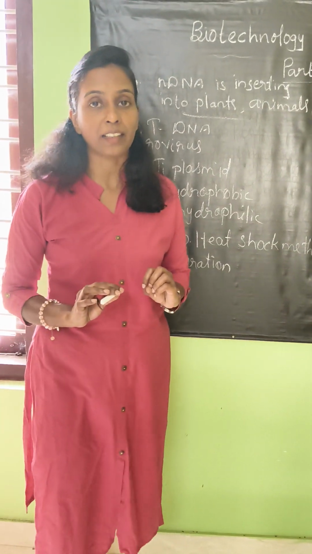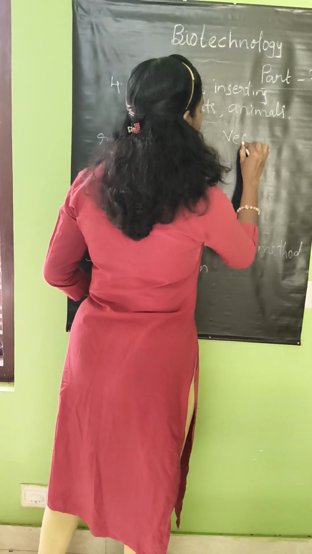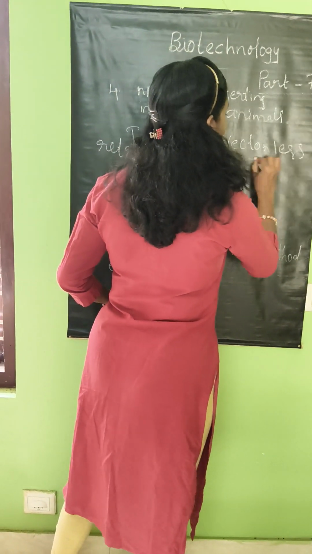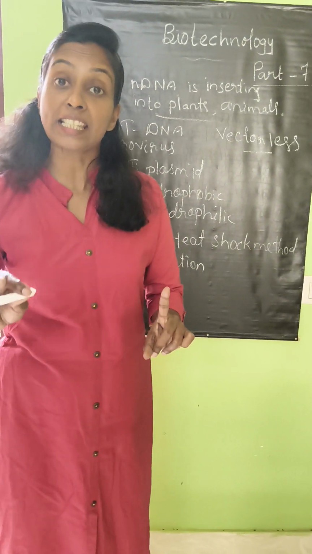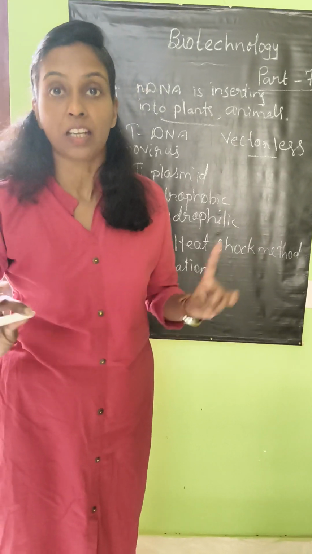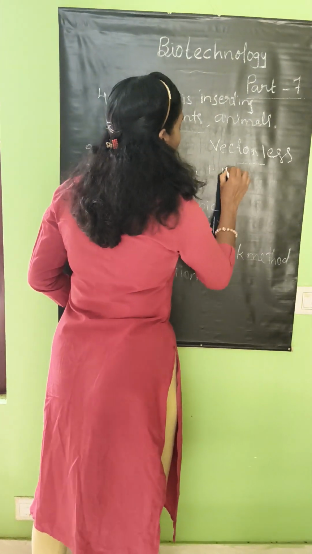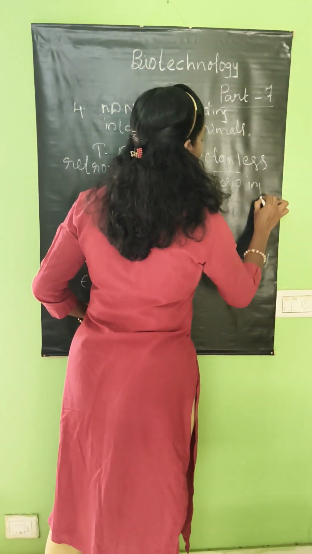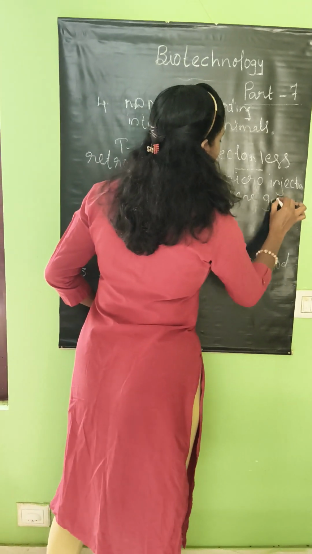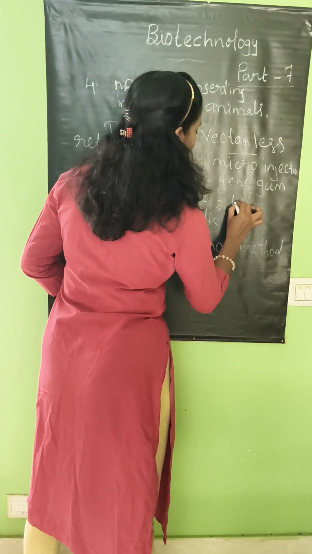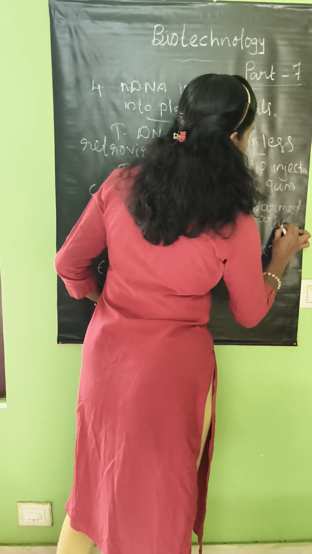Now we are going to study three methods called vectorless methods. What we have studied so far is that in biotechnology we need a vector for inserting our gene of interest into the host. But here you are going to study vectorless methods. The first is microinjection, the second is the gene gun, and the third is disarmed pathogen vectors.